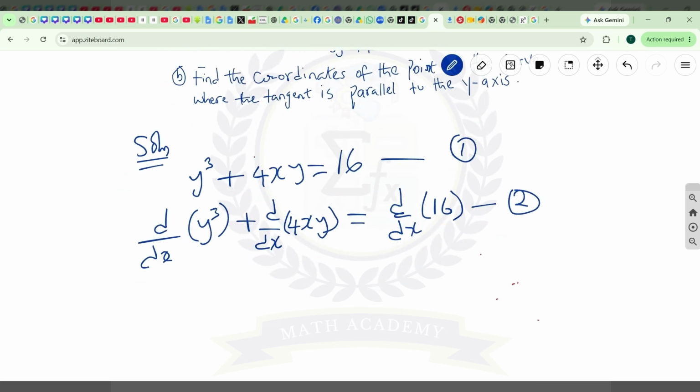So what am I going to do next? For this equation, I'm going to differentiate y cubed using the chain rule. I'm going to differentiate 4xy using the product rule. And I'm going to differentiate 16 using the constant rule, that's whenever you differentiate a constant, you have 0.